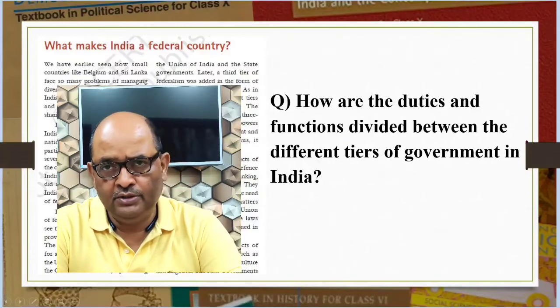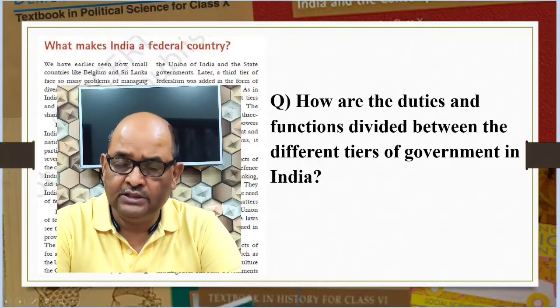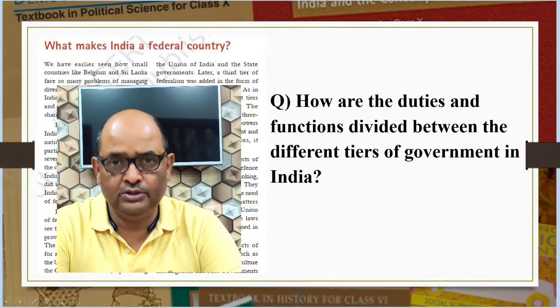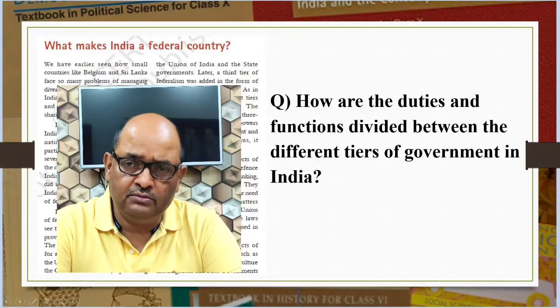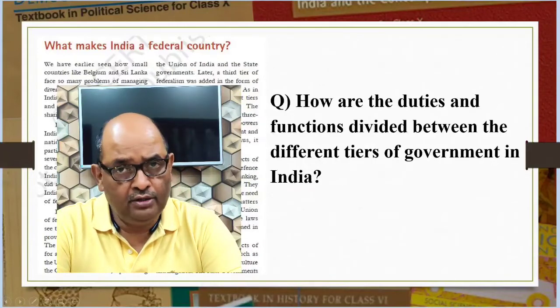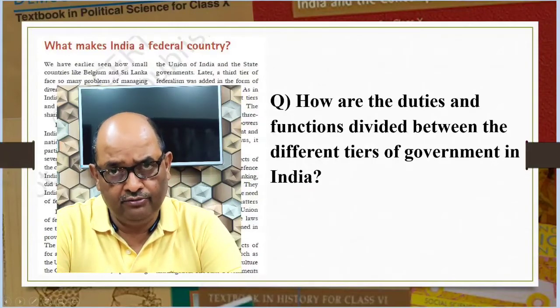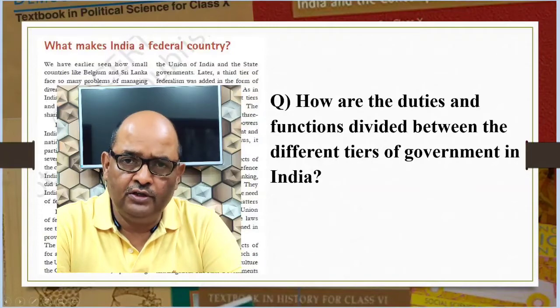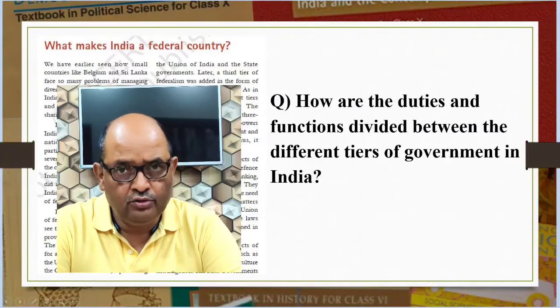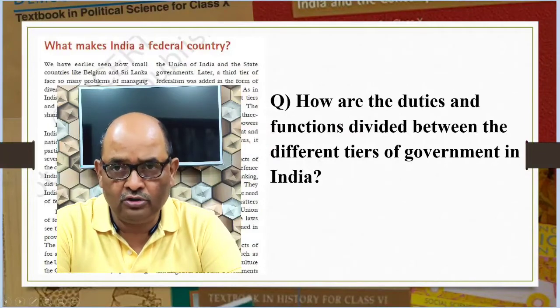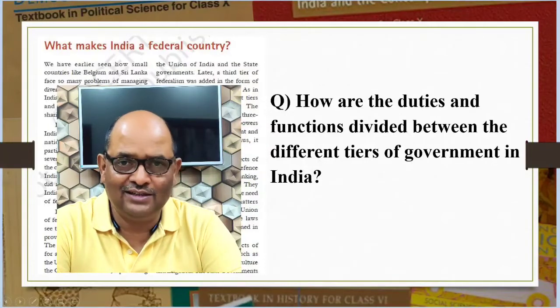Both the union governments as well as the state governments can make laws on these subjects. However, in case of conflict between the two, the law made by the union government shall prevail. Some of the important subjects in this list are education, trade unions, marriages, divorce, succession, etc.